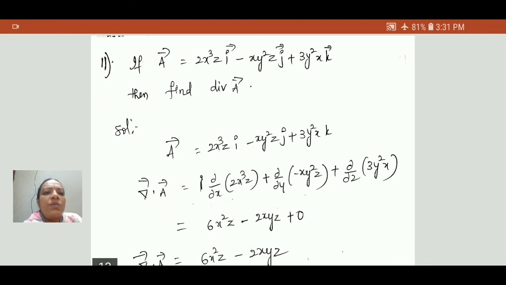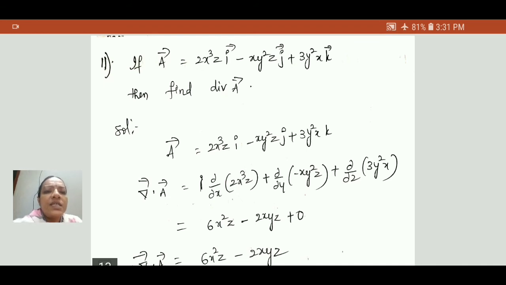Next, another problem also based upon this divergence concept. Let us see. A vector is given: if A is equal to 2x³z i minus xy²z j plus 3y²x k, then find the divergence of A. The same process is already done.